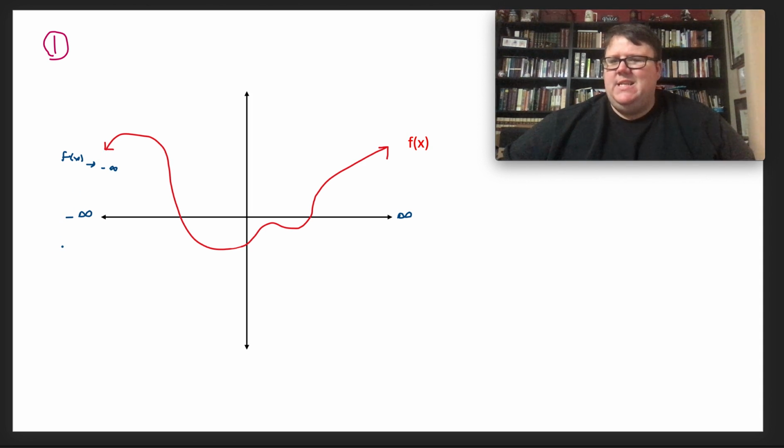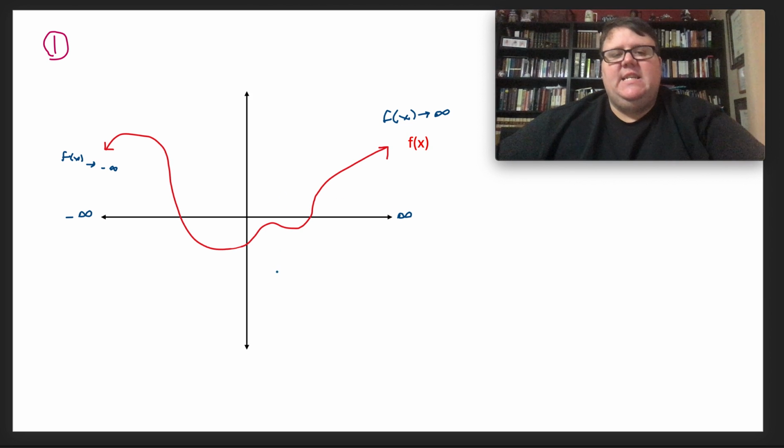But that's more for a different day. On the right side, as x approaches positive infinity, the graph keeps going up, up, up, so f of x actually approaches positive infinity on the right.